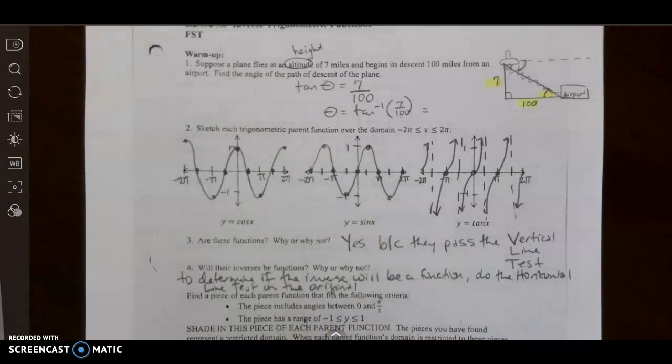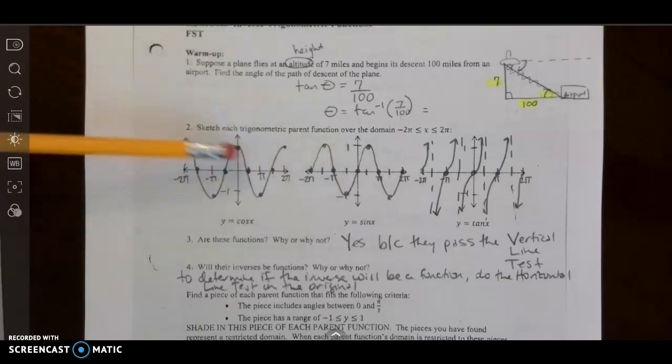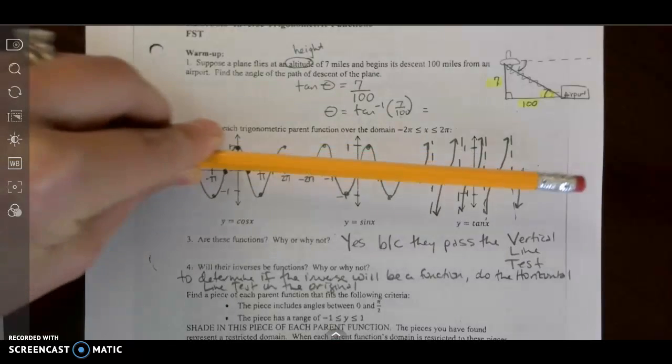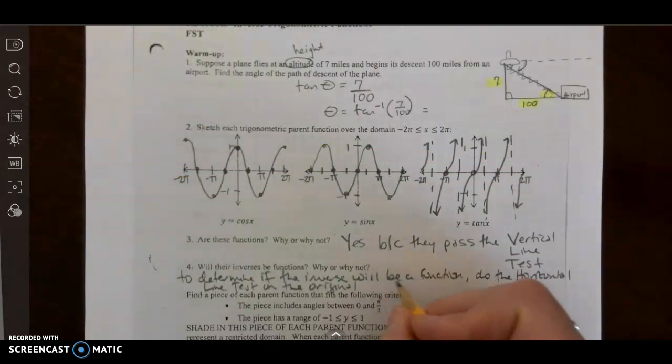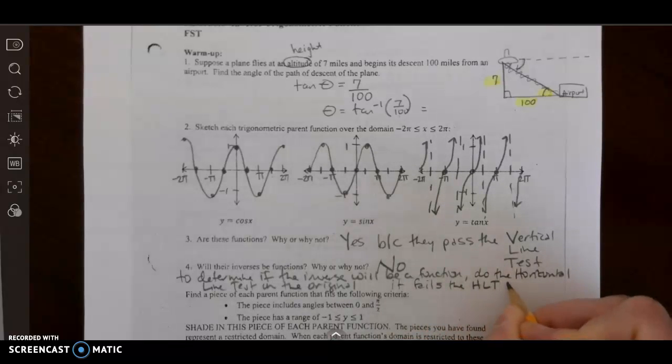We're making a prediction about the inverse. Well, if I look here, my pencil, well, it definitely doesn't pass the horizontal line test. It hits lots of places. Same with sine, same with tangent. So the answer is no. It fails the horizontal line test. So the inverse will not be a function.